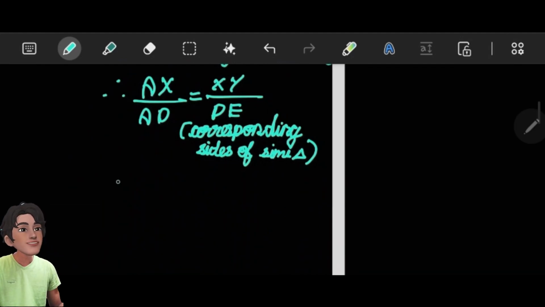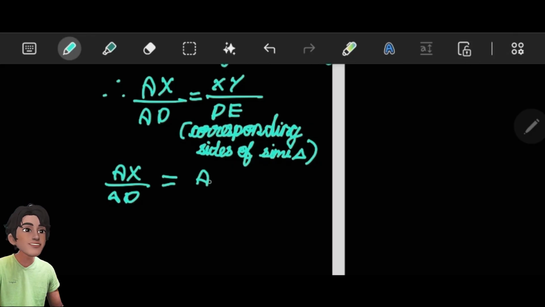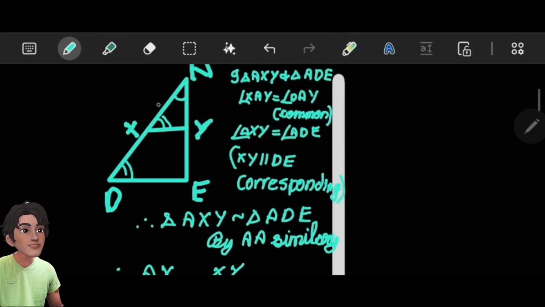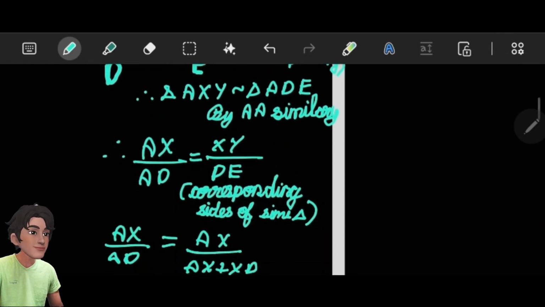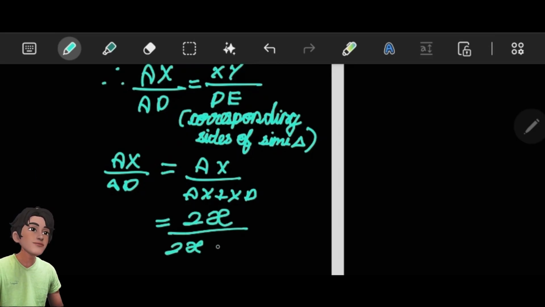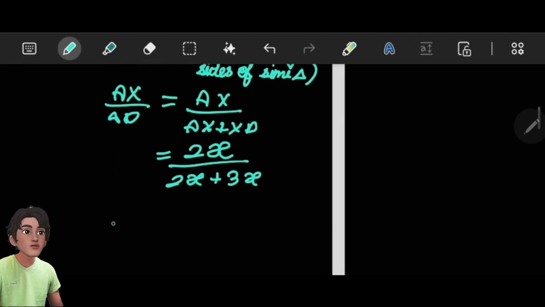Now we can write AX by AD in the form of AX divided by AX plus XD. Now substituting the values which we already got in here, we can write that 2x divided by 2x plus 3x is equal to 2 by 5.